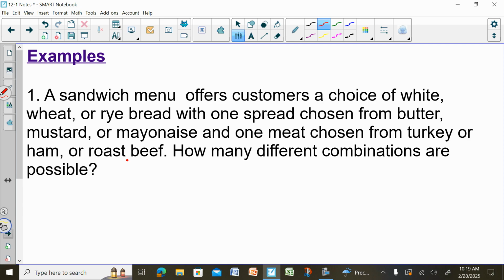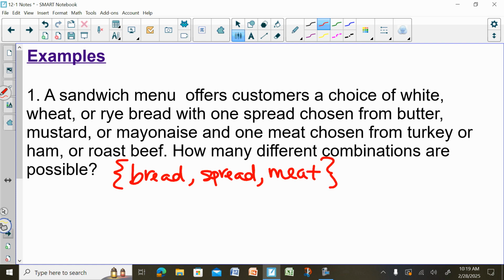One of the ways we write this is we use some brackets and ask, what are we talking about here? We have bread choices, and that's one of the events. Then selecting the spread, what we're going to put on the bread, and then the meat choice.